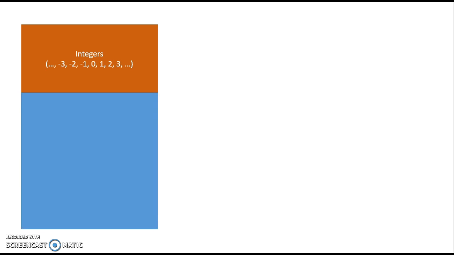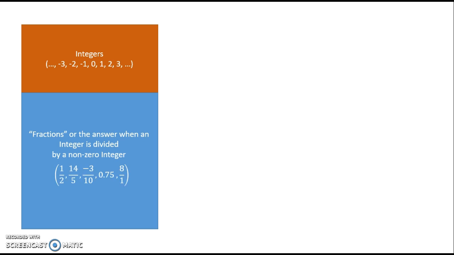So we expanded our set a little more to include fractions, or answers when we divide an integer by a non-zero integer. Numbers like 1/2, which is 1 divided by 2, or 14/5, which is 14 divided by 5.